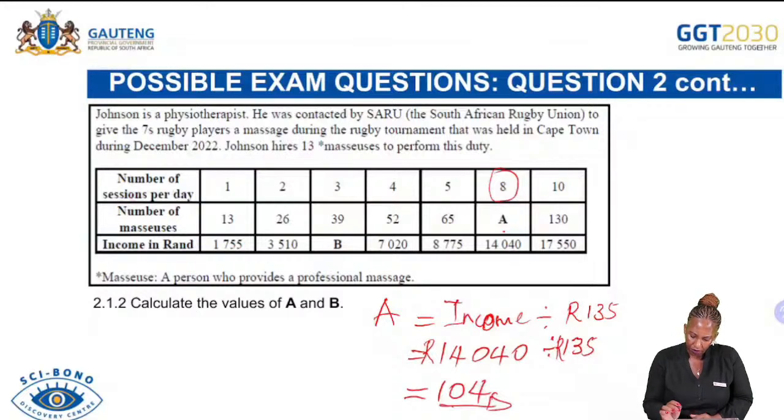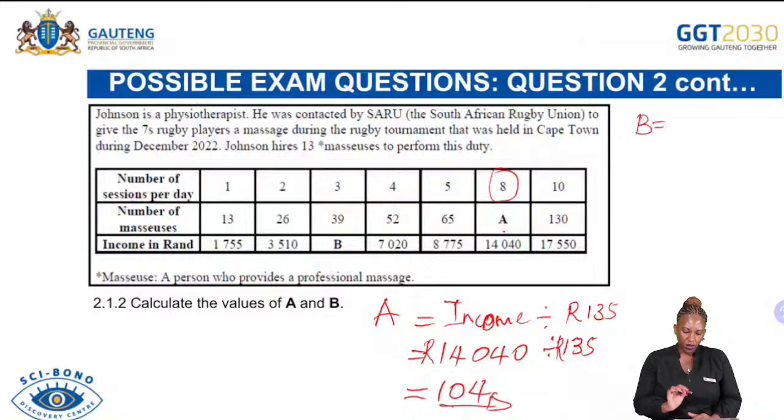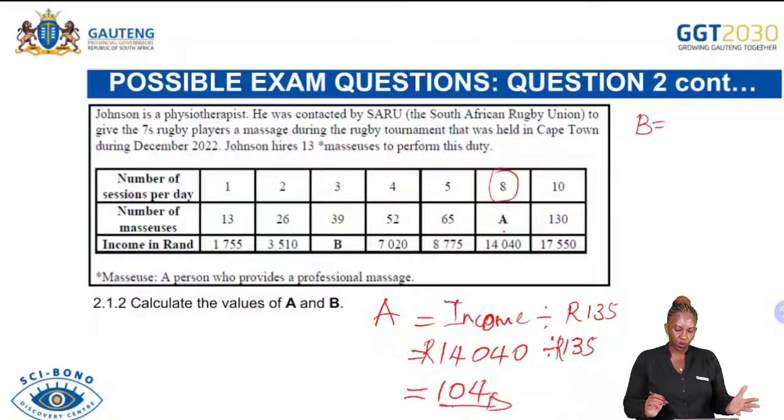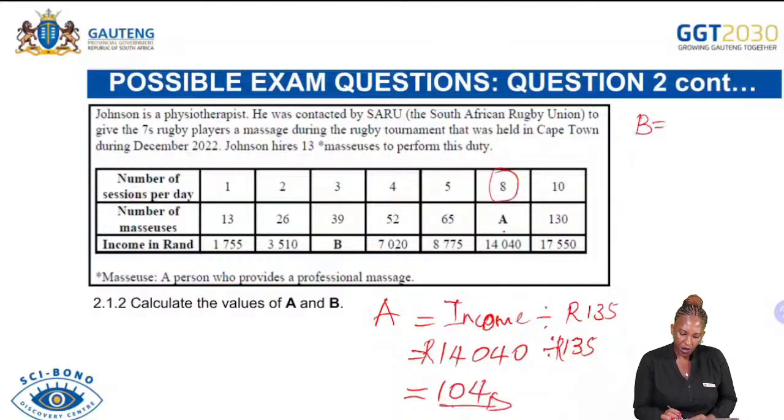Now let's quickly do the value of B. How do we get the value of B? B is so simple. Sorry, with B we are looking for the income. B is the income in rands, and then we say the amount per massage is 135, single massage.